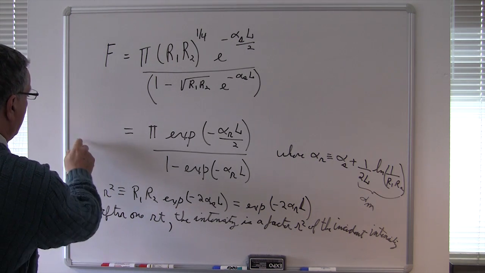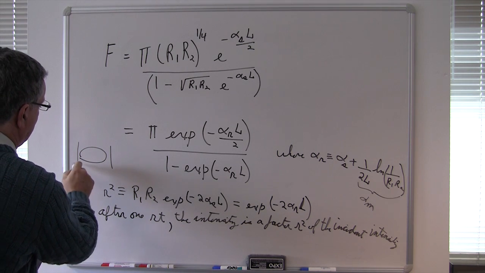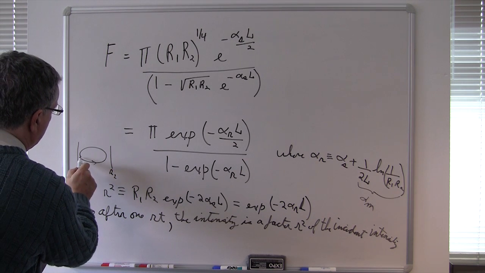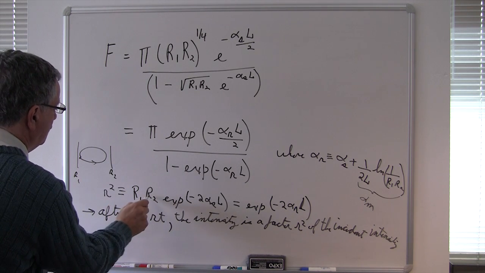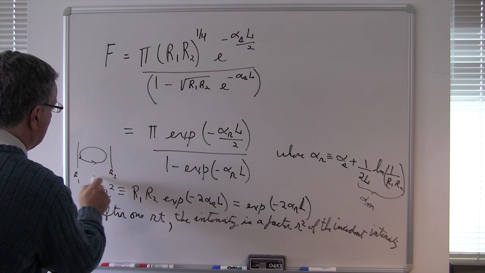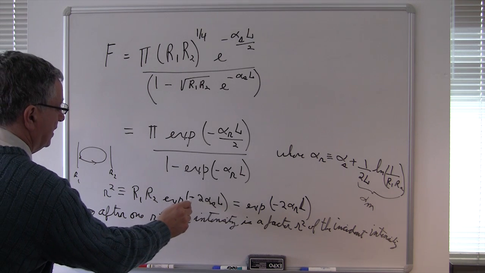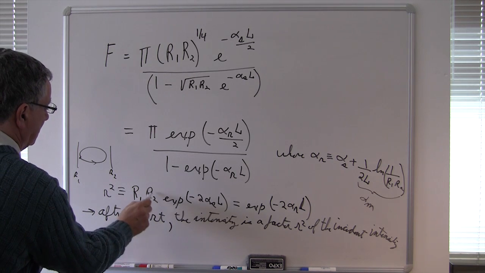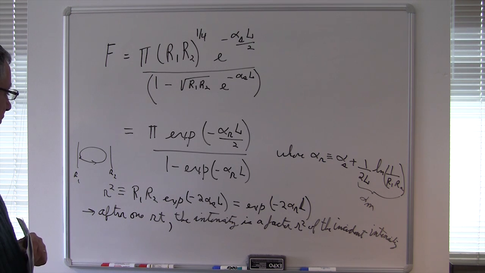If you go over one round trip like this, with mirrors R1 and R2, starting from here, the intensity is reduced because of R2, and then you go twice the distance between the two mirrors, so you get e^(-2 alpha_s L), and then when you hit this mirror again, the intensity is reduced by R1. So r squared is the factor by which the intensity is reduced after one round trip.